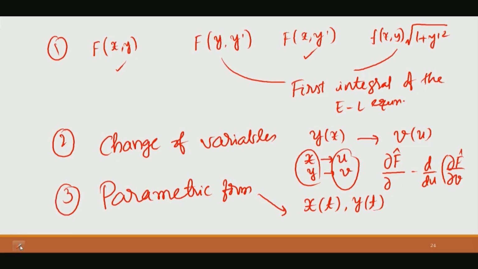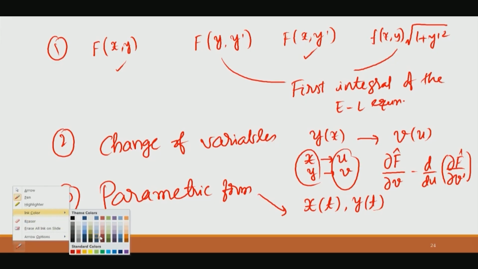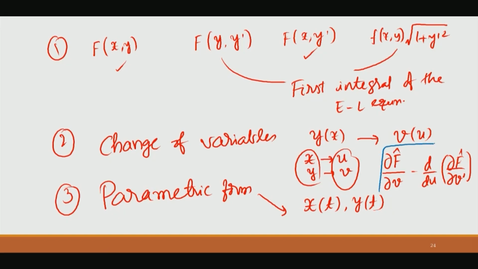That would have been where dou f by dou v and d by du of dou f hat by dou v prime. So, the form of the Euler-Lagrange equation does not change when you do this change of variable.